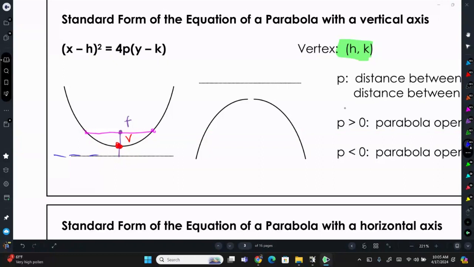This line, like I said, right here, would be your directrix. And then your axis would go vertically, perpendicular to the directrix and through the focus and the vertex.